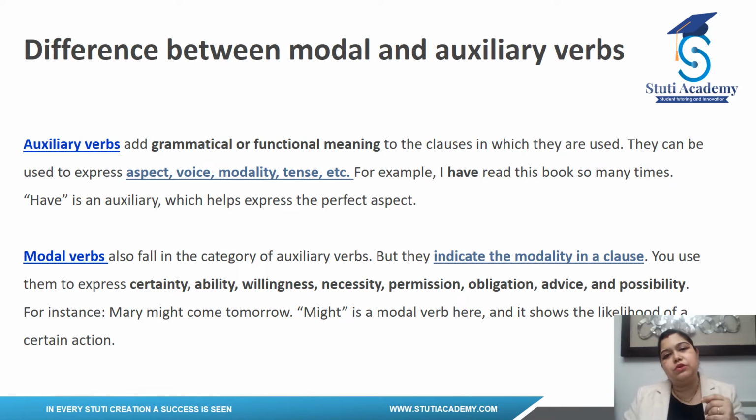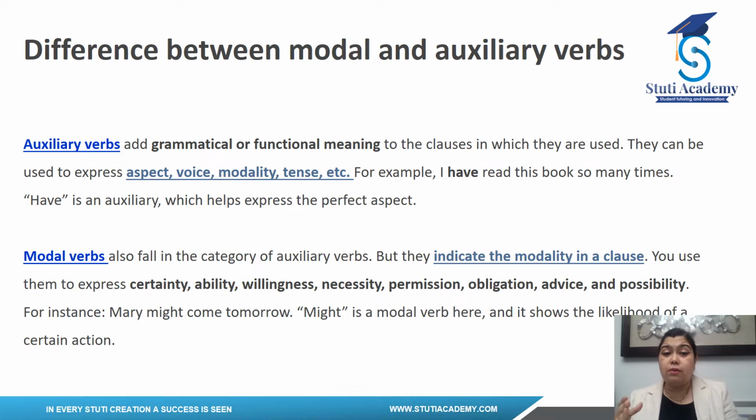Now the difference between a modal verb and an auxiliary verb. What do you understand by the difference? Auxiliary verbs add grammatical and functional meaning to the clause in which they are used. They express aspect, voice, modality, tense. For example, on the slide, it is I have read this book so many times.